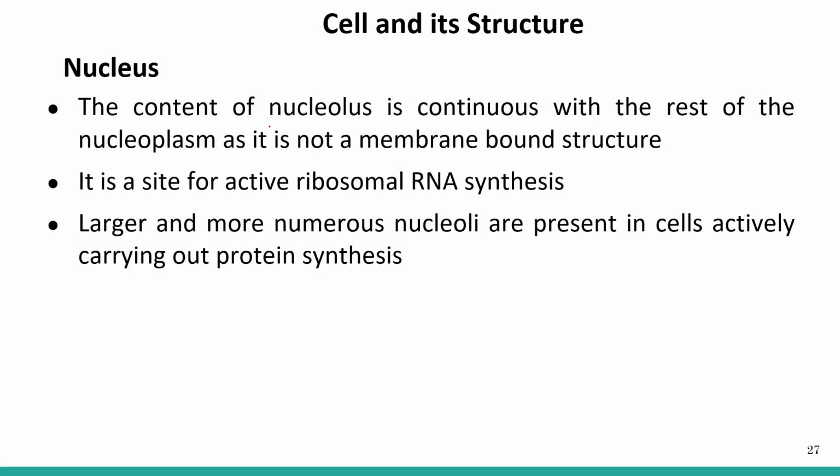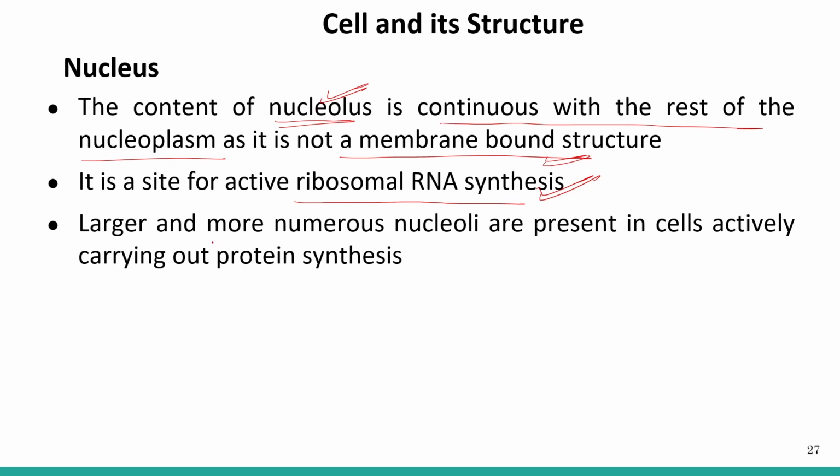The content of the nucleolus is continuous with the rest of the nucleoplasm, and it is not a membrane bound structure. It is a site of active ribosomal RNA synthesis. So rRNA synthesis takes place where these nucleolus structures are present, and they are non-membrane bound structures.